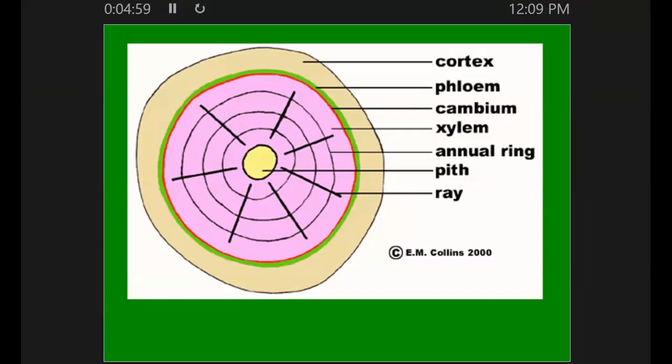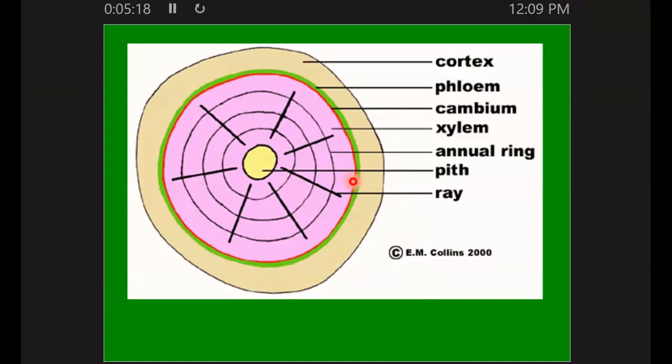And in between the xylem and the phloem in that ring is the vascular cambium. And so that vascular cambium will go through cell division throughout the growth season, where you have that cell dividing to produce two progeny cells, and one becomes the xylem and one becomes the phloem.